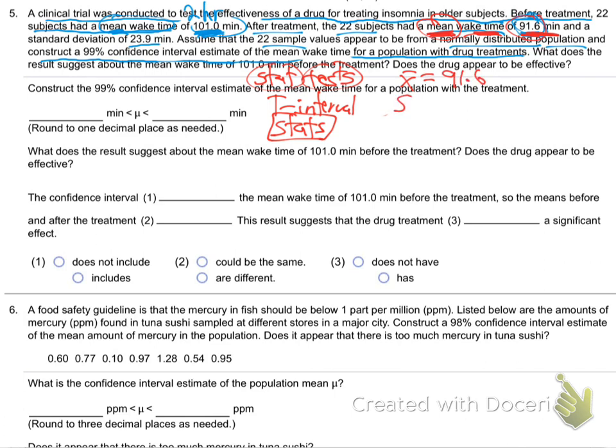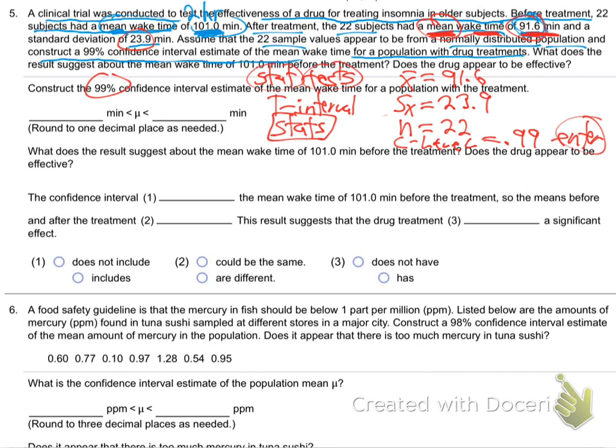It'll ask you for S sub X, standard deviation, that's the 23.9. It'll ask you for N, that's 22. That's always the total number of people in the study. And of course the confidence level, they want a 99%. And then hit enter under calculate. And you'll get your numbers.